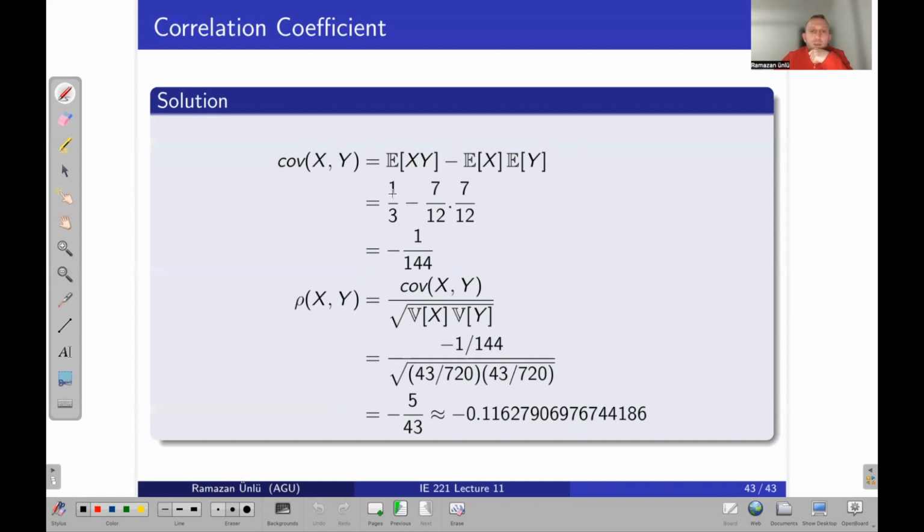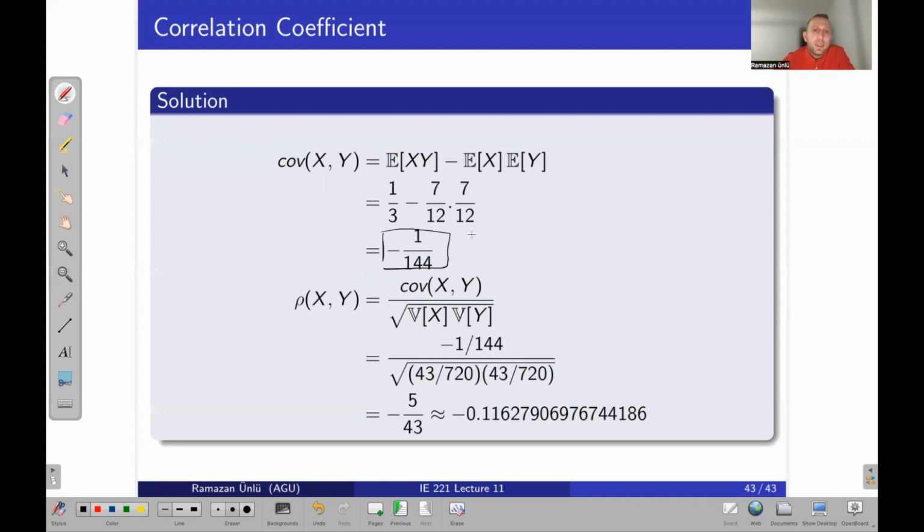So which is 1 over 3 minus 7 over 12 times 7 over 12. And we will get minus 1 over 144, okay? Now, that is a negative sign, right? So that means these two random variables have a dependency in an opposite direction, okay?